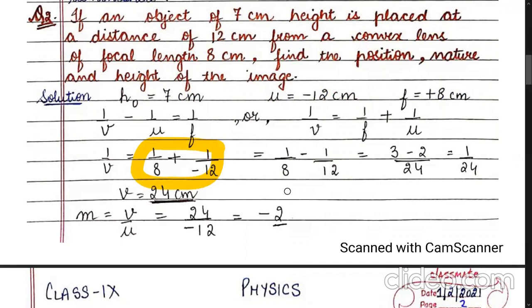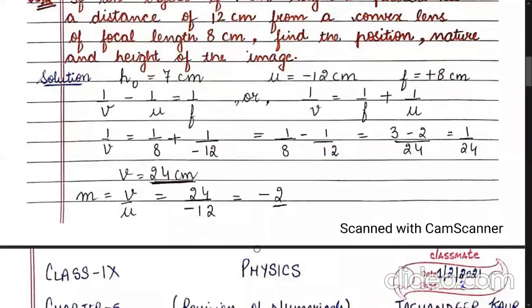So we will be having 1/8 minus 1/12, and the LCM of 8 and 12 will be 24, such that the numerator will come 3 and 2 for the respective two given terms. So 1/V will be equal to 1/24, and hence V is equal to 24 centimeter.